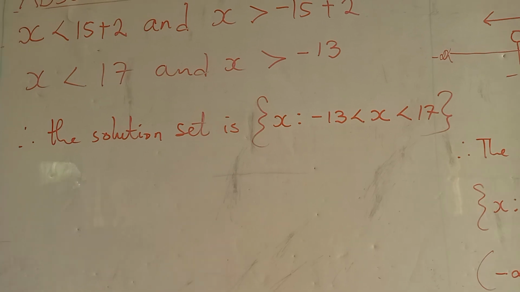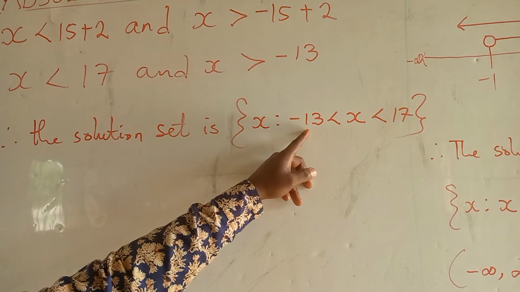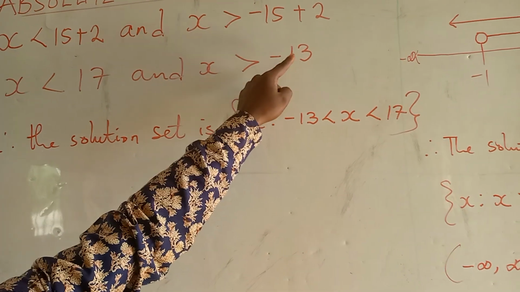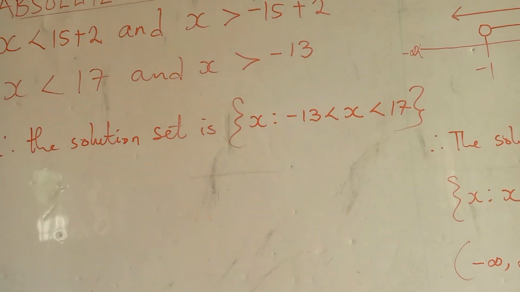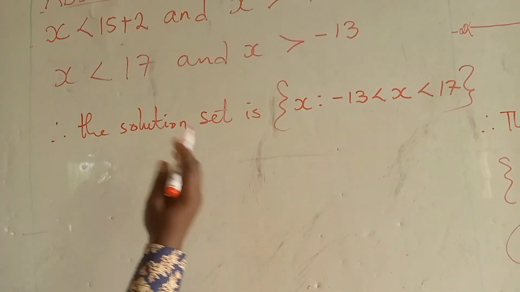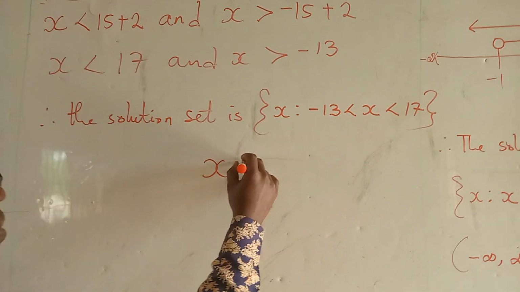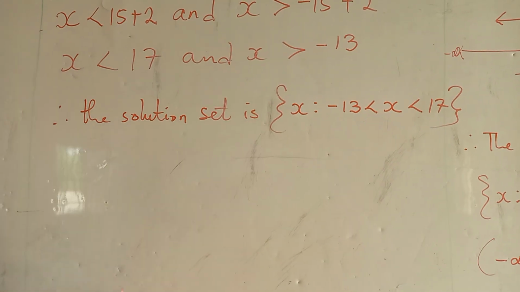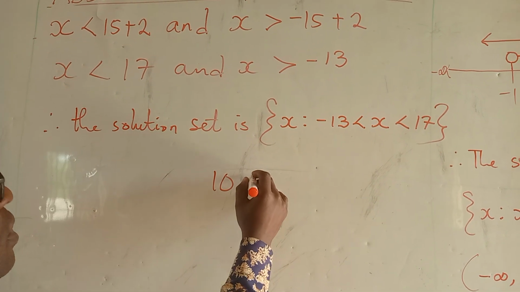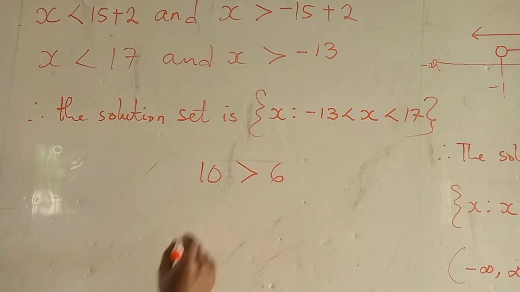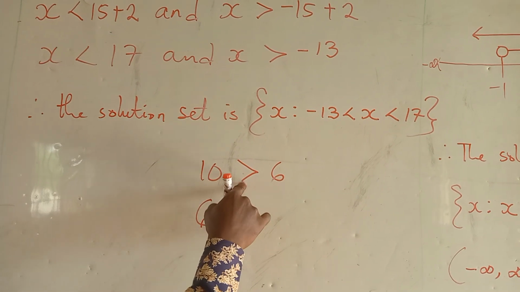And you may be wondering, why am I expressing it like this? Minus 18 is less than x. X is greater than minus 18. So why am I expressing it like this? Let me use a number. If I write 10 is greater than 6, now, if I express 6 first, will I still maintain the sign?